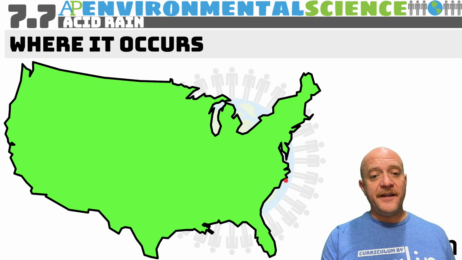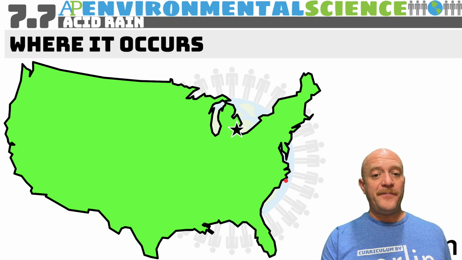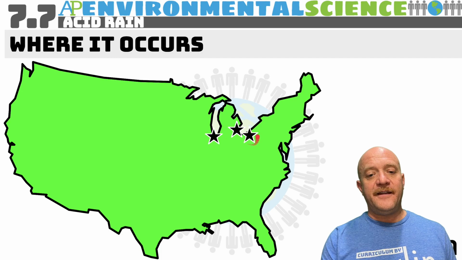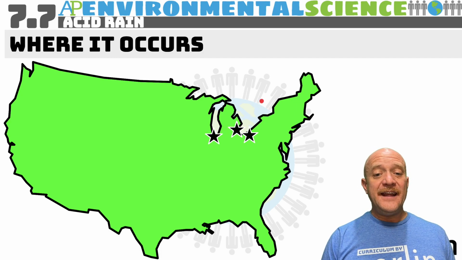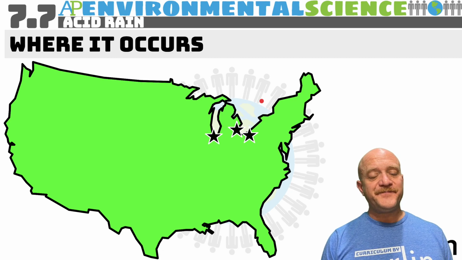Now, where is this occurring? It occurs pretty much in the Northeast in the United States anyway. We have a few industrial centers. We have the Cleveland area, the Detroit area, and the Chicago area. All three are major manufacturing areas in the Midwest and in the Northeast.